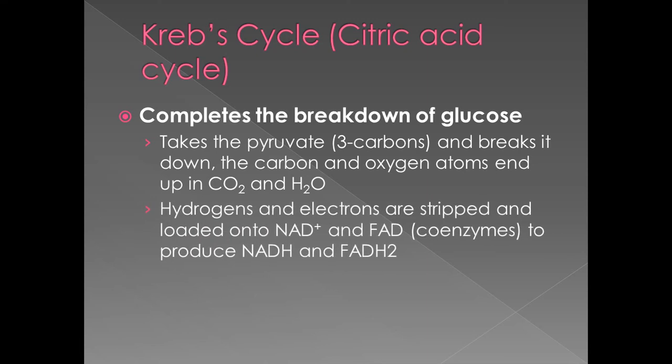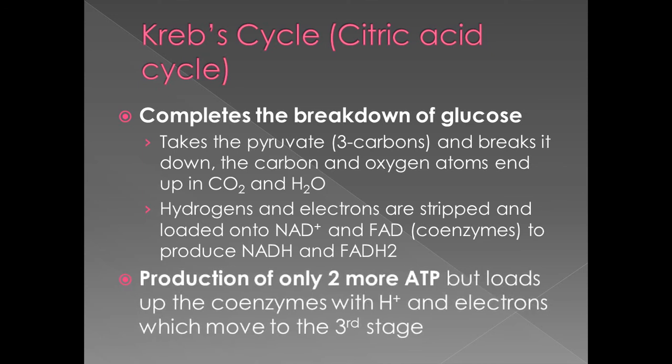The hydrogens and the electrons are stripped and loaded onto 2 coenzymes called NAD+ and FAD. And when you add the hydrogens to those, you get NADH, H for hydrogen, and FADH2.